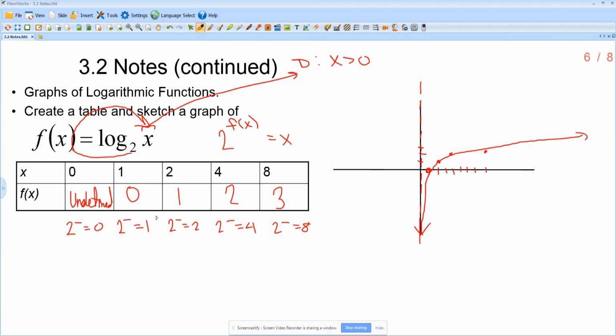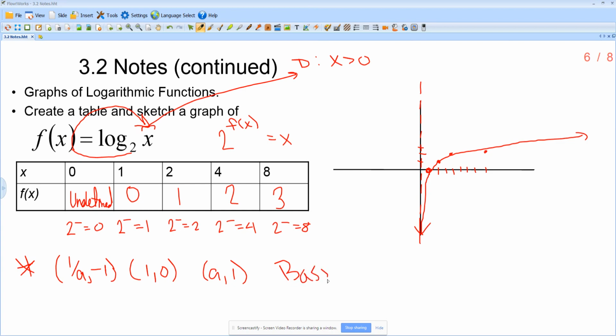Now, there are going to be 3 points for you to always remember because we'll use them a lot. So in logarithms, you always want to be using these 3 points: 1 over a comma negative 1, 1 comma 0, and a comma 1.